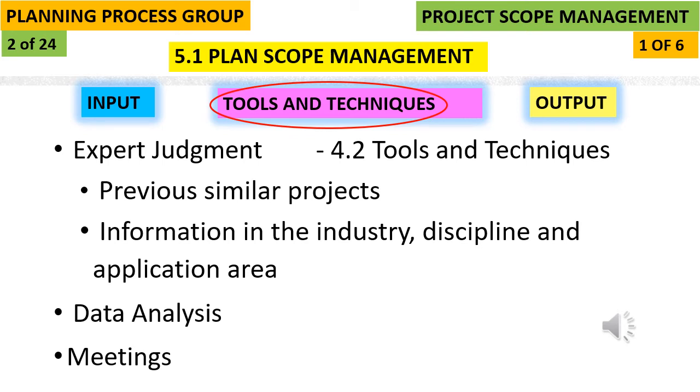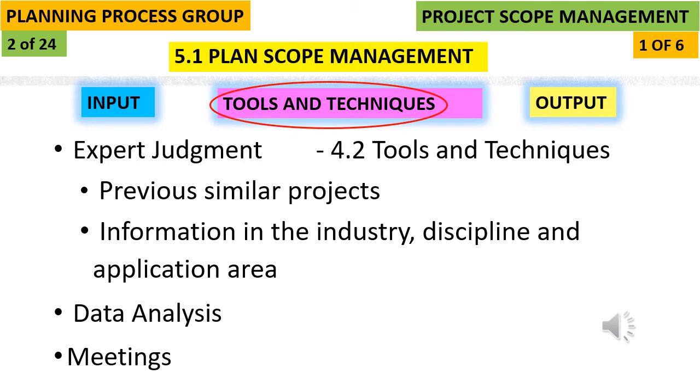Second, tools and techniques is data analysis. Multiple data analysis techniques can be used for this process, like alternatives analysis, various types of requirements collection, project scope elaboration, and creating the project.